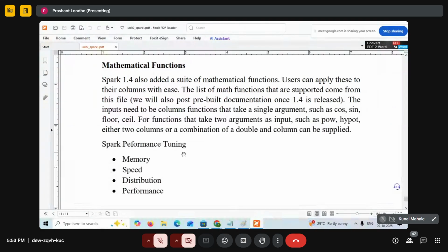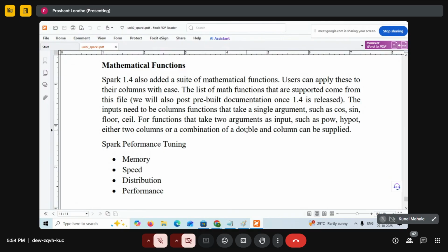So these are for performance. Memory, you need to save the memory. Your application should be speedy. The distribution should be proper. These arrangements should be done during coding, so that you are able to find your respective data appropriately.